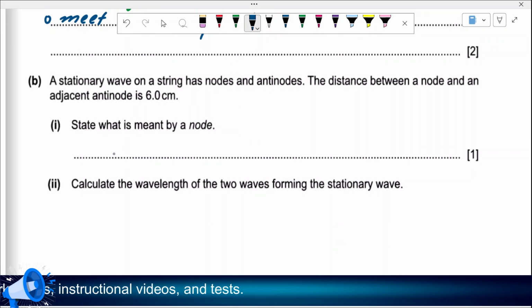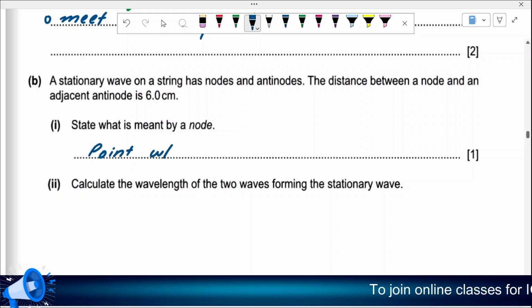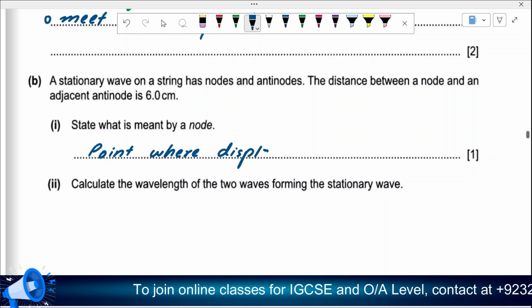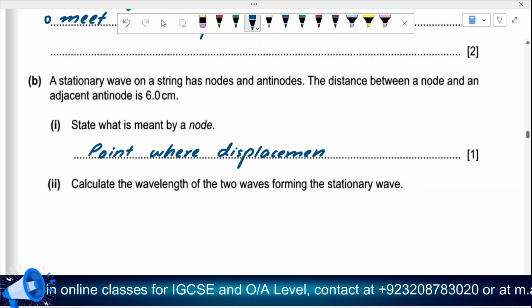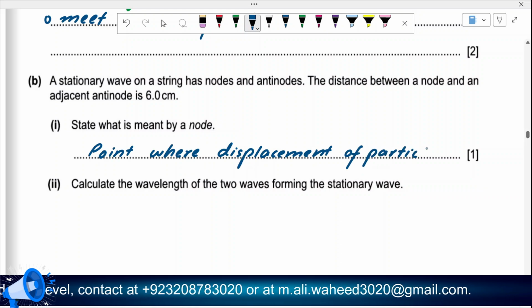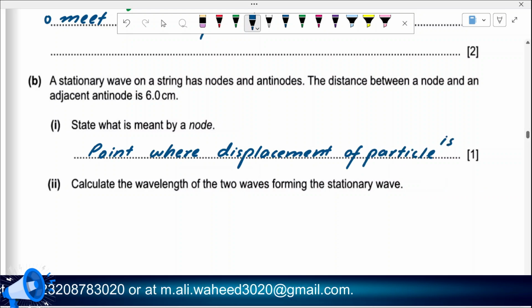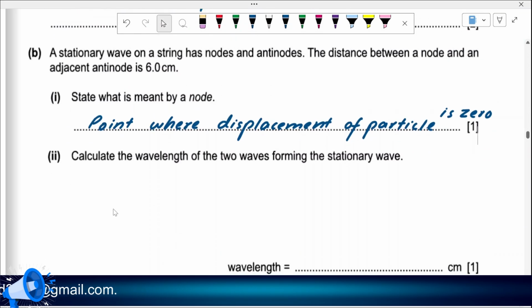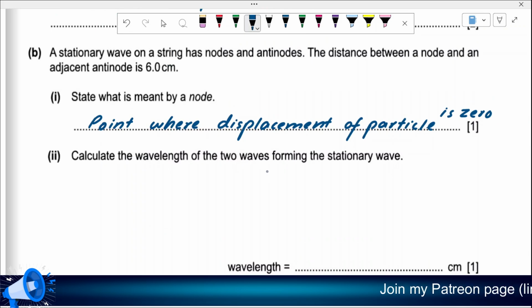State what is meant by node. Calculate the wavelength of the two waves forming the stationary wave.